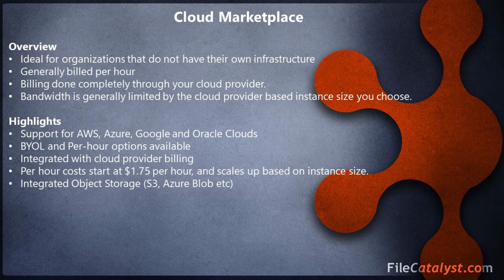Then there's the cloud marketplace. As I mentioned, we're integrated with a number of cloud vendors, AWS, Azure, Google, where you can fire up an instance of FileCatalyst, and then you just pay per hour. The per hour cost starts as little as $2 per hour and scales up based on the size of the instance. The idea is that the bigger the instance, the faster you'll be able to send, and therefore the cost will be a bit higher.